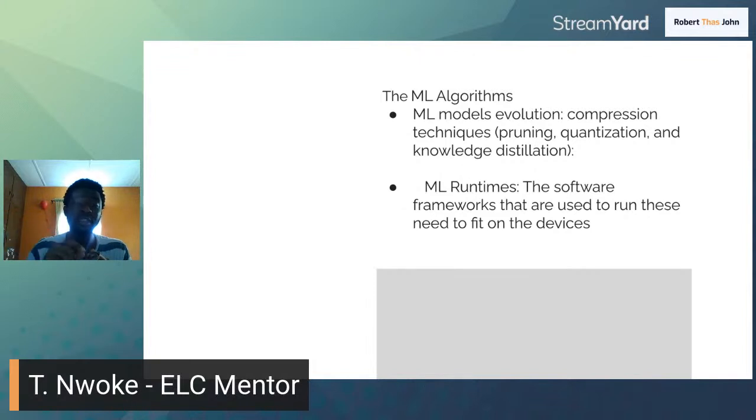We just need a limited amount of code or libraries from the frameworks, and that is where the runtime issue comes in. So we need frameworks that can fit on these devices, and there's something called TensorFlow Lite, TensorFlow Micro.